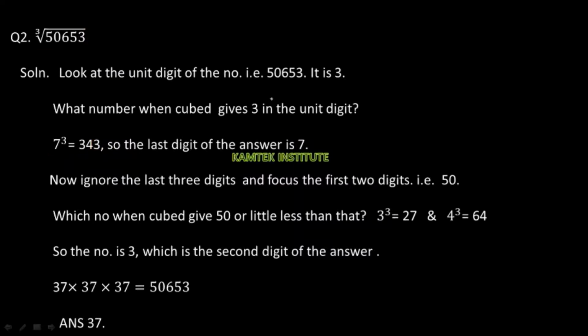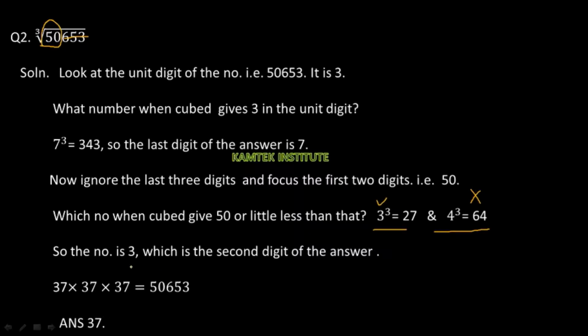Once we have done this, we'll ignore the last 3 digits on the right hand side and focus on the first 2 digits over here. And this is 50. Now again try to recollect from the cube table what is a number which when cubed gives either 50 or a little less than 50. 3 cube is 27 and 4 cube is 64. 64 is more than 50, so we'll ignore 4 over here, and since 3 cube is 27, we'll take 3.